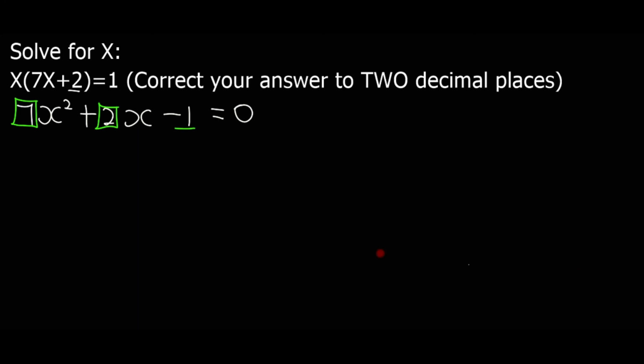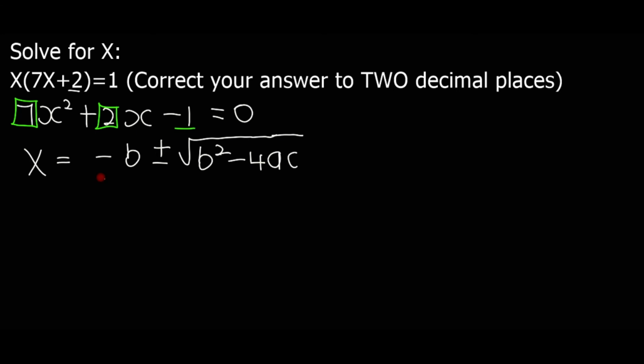So from there re la gore x is equals to minus b plus or minus square root of b squared minus 4ac and then divide by 2a.